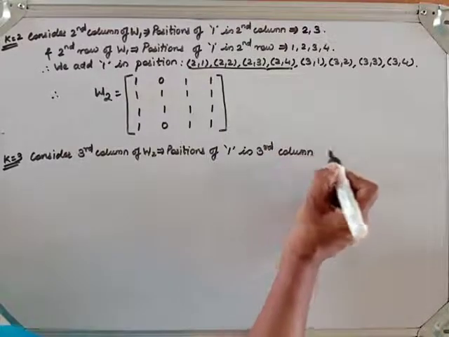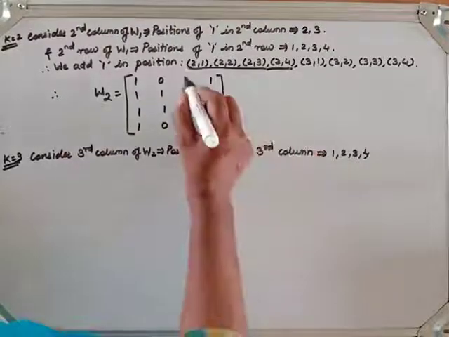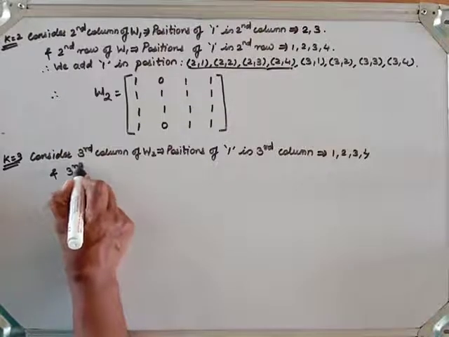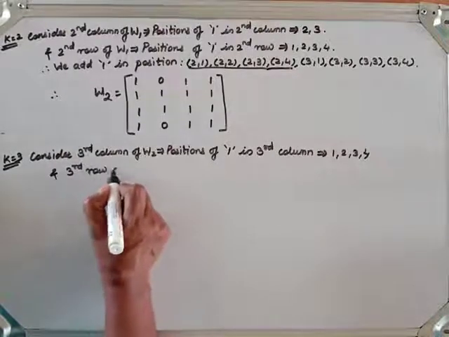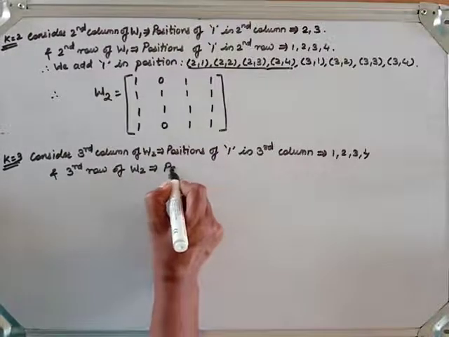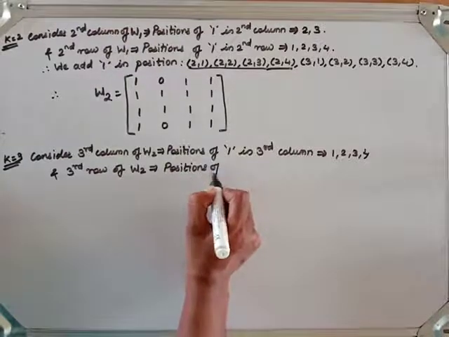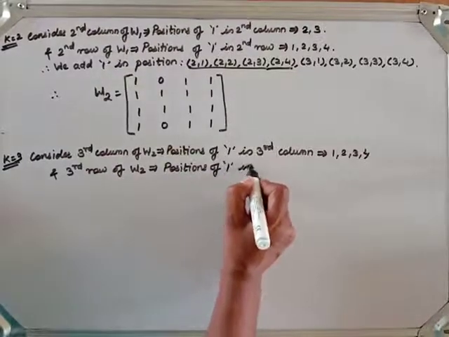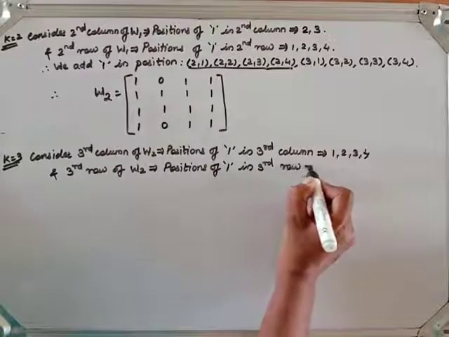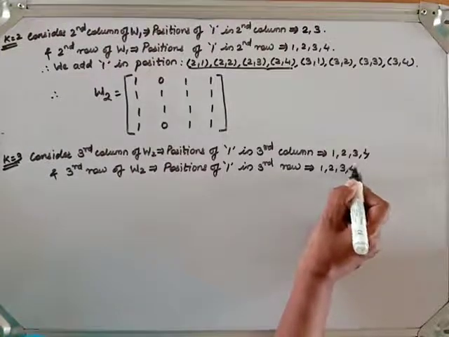What are they? 1, 2, 3 and 4. 1 is everywhere. And third row of W2. Your positions of 1 in third row. Again it is everywhere. 1, 2, 3 and 4.